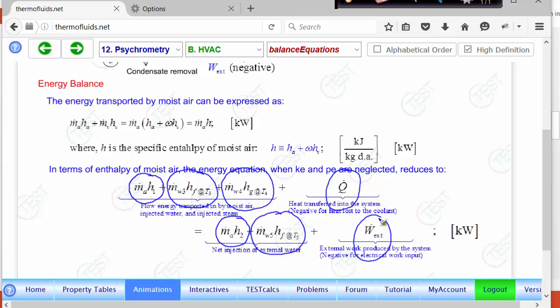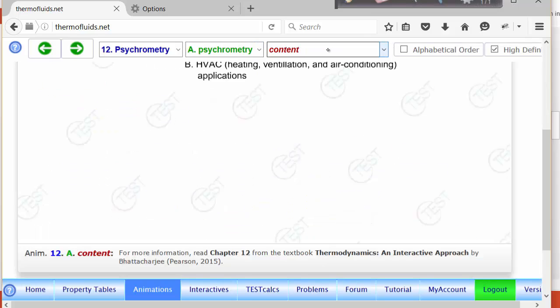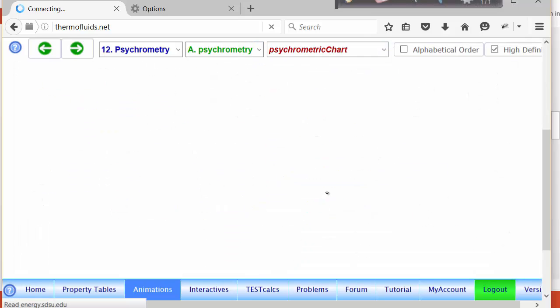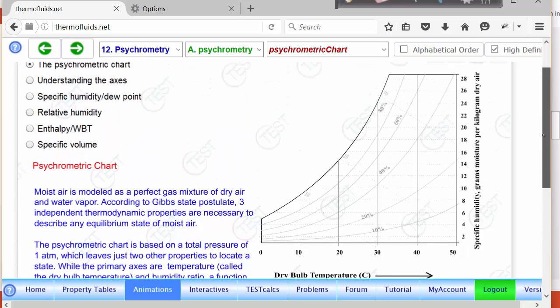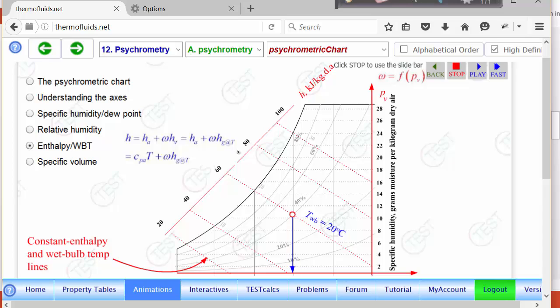What it comes down to is that you keep track of energy, and to find the enthalpy of moist air, we can go back to the psychrometric chart that we just covered, and you can see the enthalpy is already listed on an axis like this.